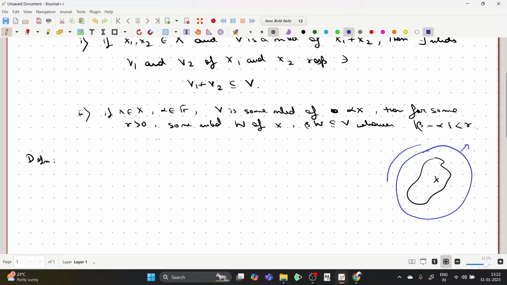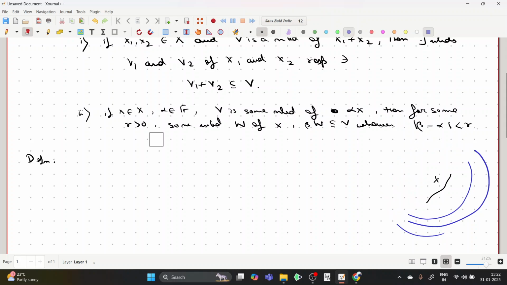So I can keep constructing these balls bigger and bigger, but X will still be entirely contained within all of them. This is another way of saying that X is completely restricted within a ball of a certain size, and that's in some sense the smallest ball which entirely contains it. If I go beyond the radius of that ball, X will still be entirely contained inside.